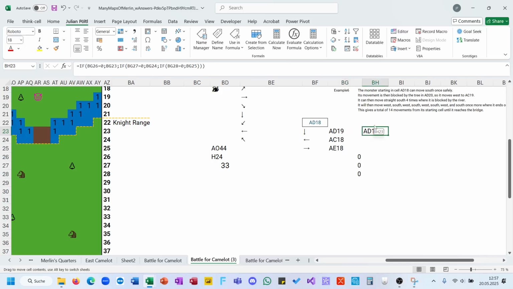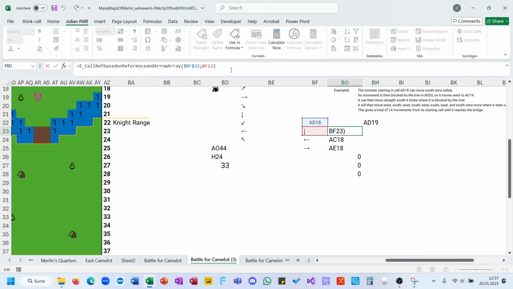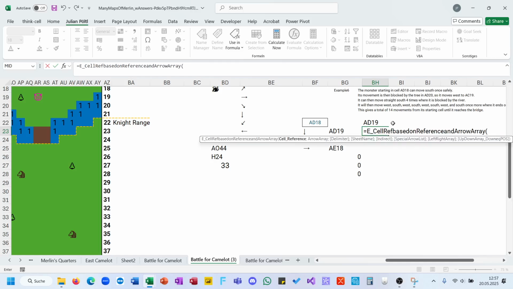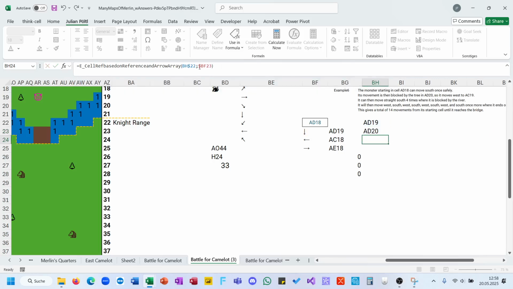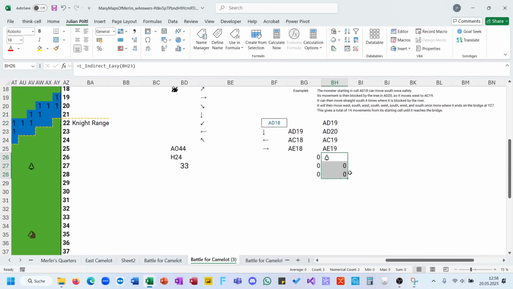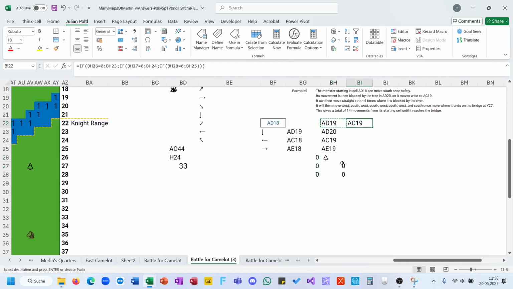Okay, so our starting cell is 8019, and therefore we use AC19.